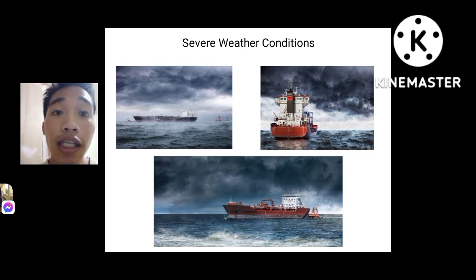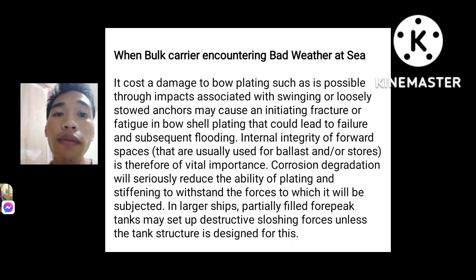The second condition is severe weather, where a ship encounters a storm or bad weather. When a bulk carrier encounters bad weather at sea, it can cause damage to bow plating, such as through impacts associated with swinging or loosely stowed anchors.